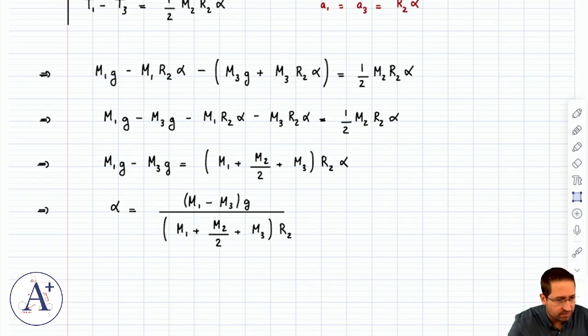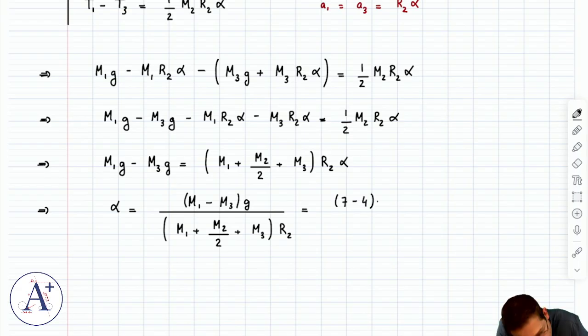Now it turns out I have all the values I need to compute this thing. Right? So M1 is going to be 7, M3 is 4, G is 9.8, divided by 7 plus M2 is 2.5, if I recall.